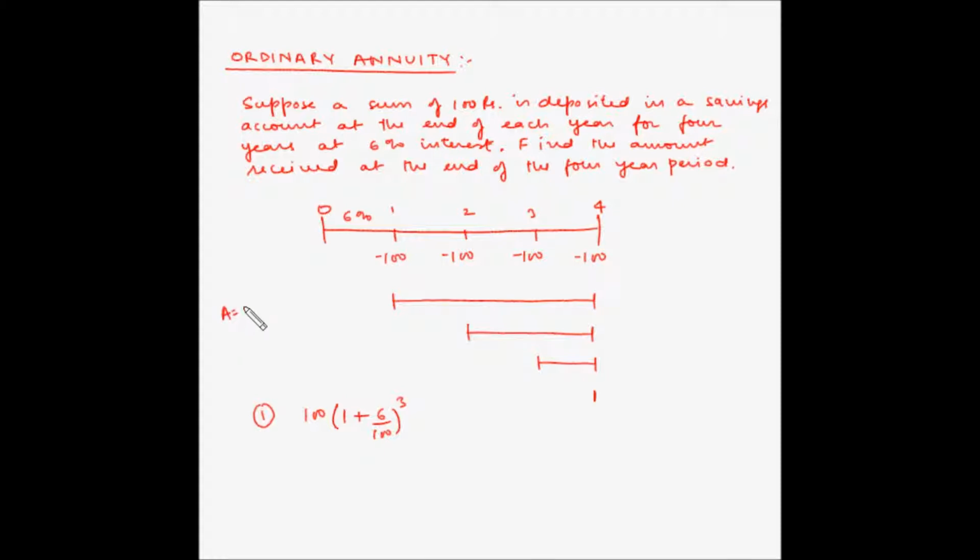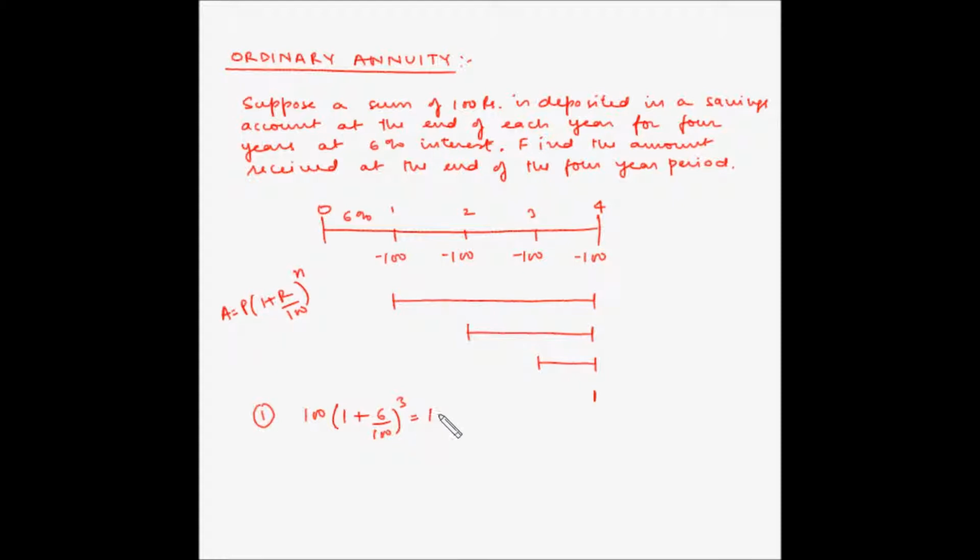So A is equal to P times 1 plus R by 100 to the power n. R is the rate of interest per compounding period, and n is the number of compounding periods. P is the principal amount, and A is the final amount that we get after n compounding periods.